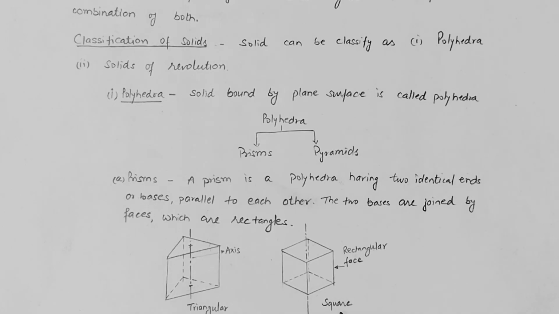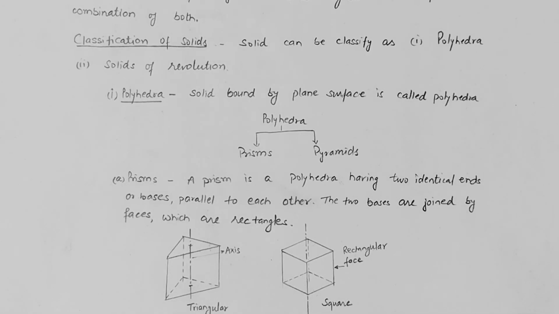Similarly in the square prism, you can see square base and square top. So we have two bases of same shape, and these two bases are joined with the rectangular faces. Similarly in this and this, you can check the same.